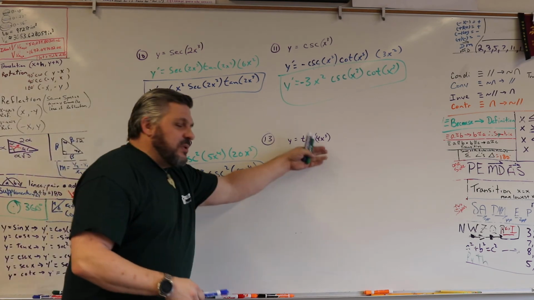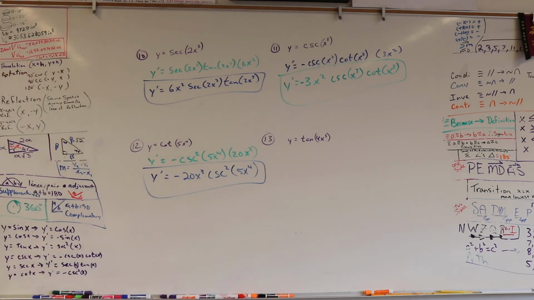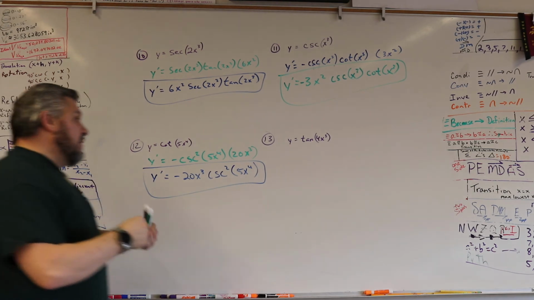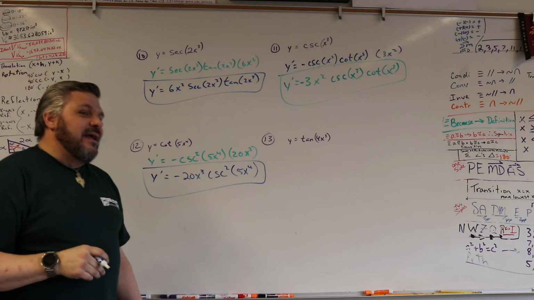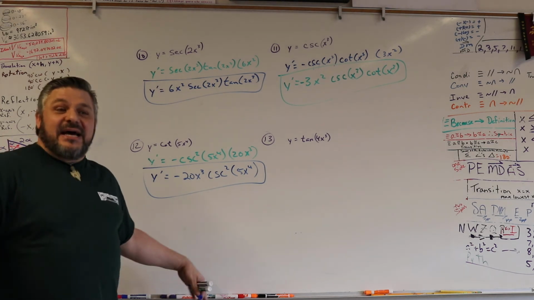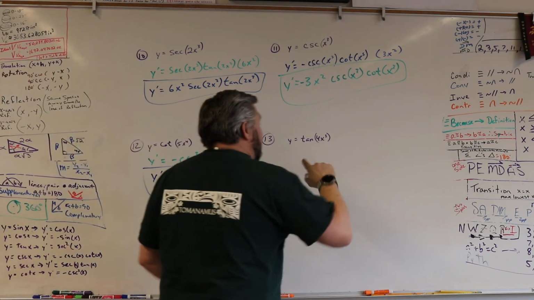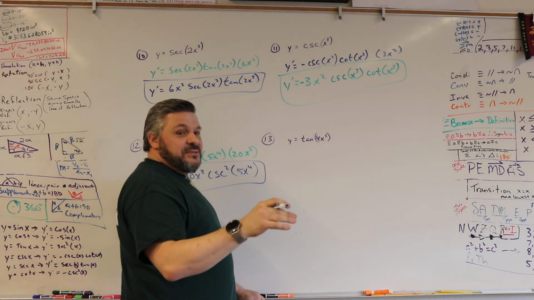Alright, next. What's this one? Can you remember what the derivative of tangent was? Secant squared, right? And was it negative or not? No, just like sine wasn't. So tangent and sine are not negative, cosine and cotangent are.